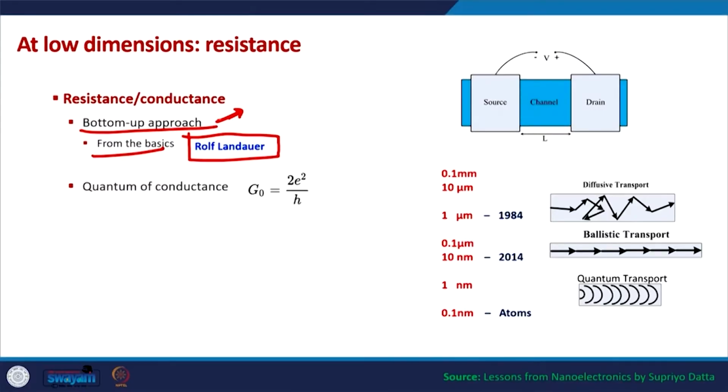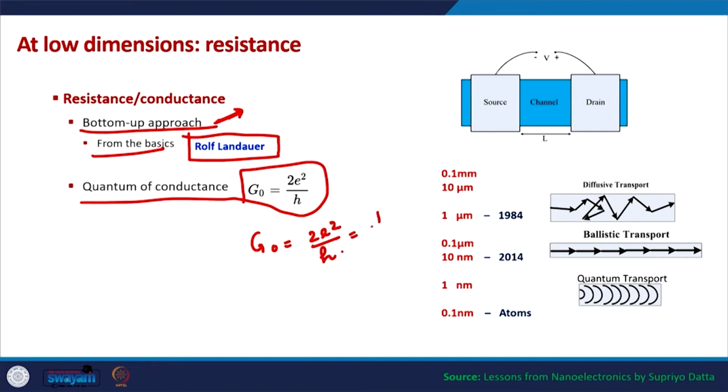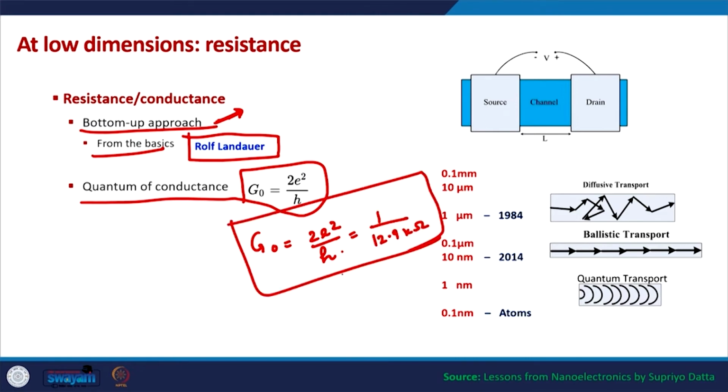According to this bottom up approach, we have what is known as the quantum of conductance, and this is given by G naught is equal to 2 e square by h, or roughly this is around 1 divided by 12.9 kilo ohms.